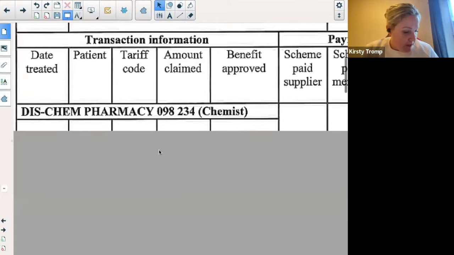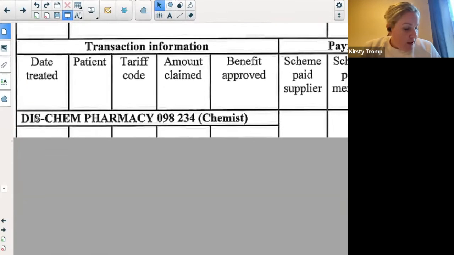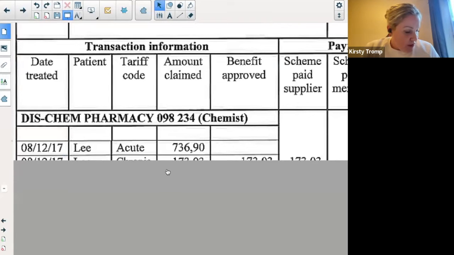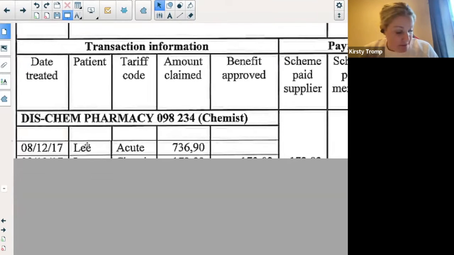All right. So first of all, you went to Dis-Chem Pharmacy, okay, to the chemist. And here we go. On the 8th of December, 2017, Lee, who was the son, so there he is, the patient. The tariff code, what that means is what it represented on their side was acute.